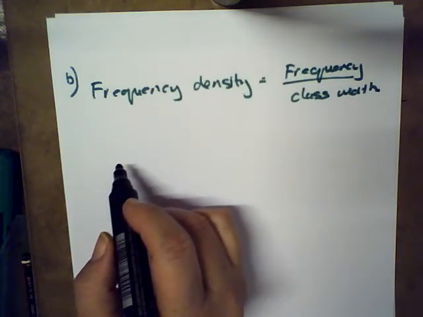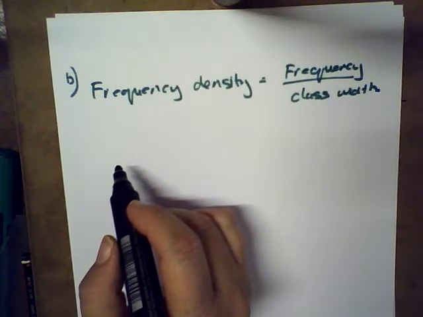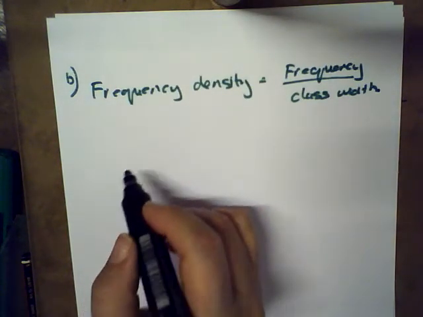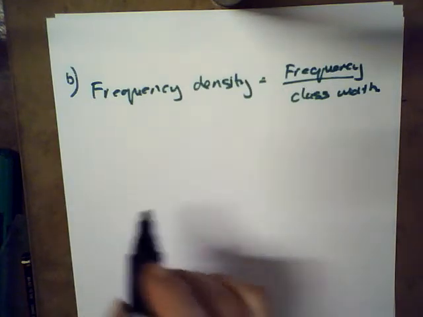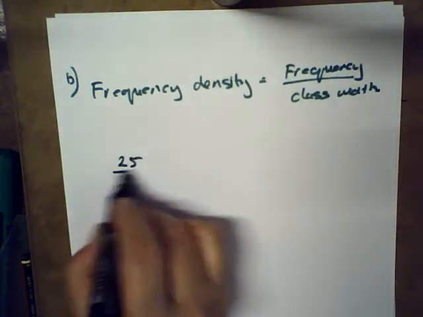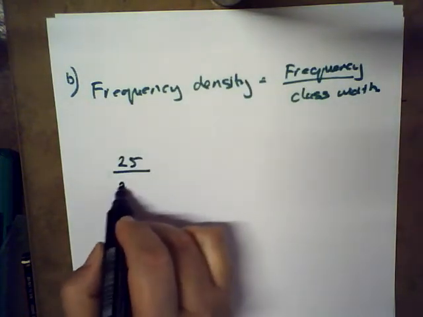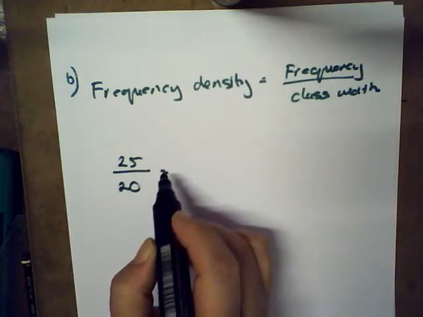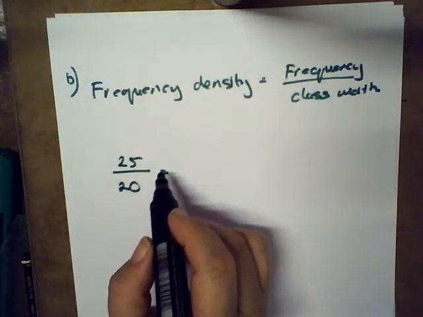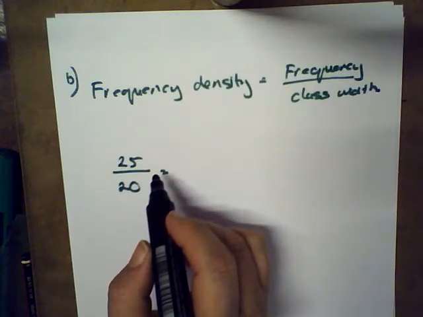The frequency density in the first one is, well, the frequency is 25 over my class width, that was 20, and if I do that, I need to just check the histogram here.